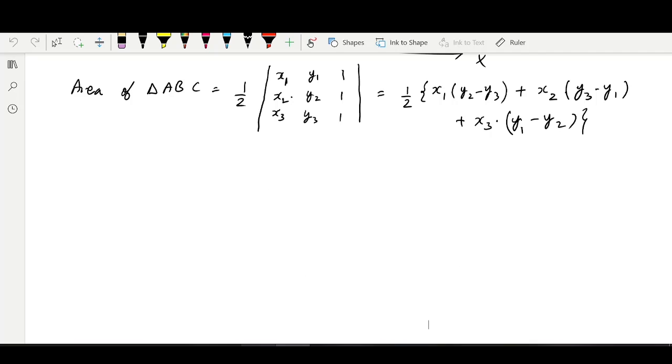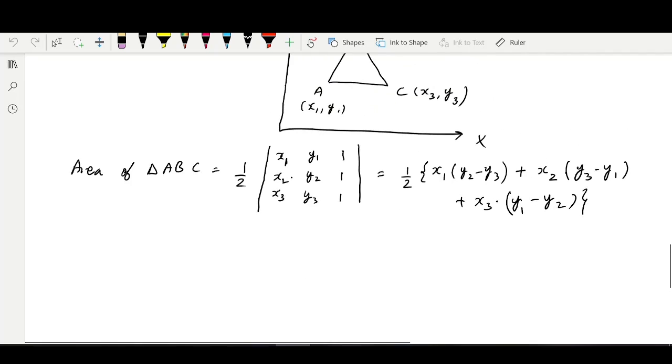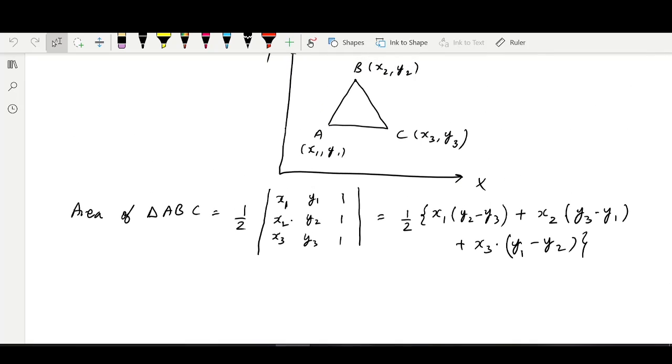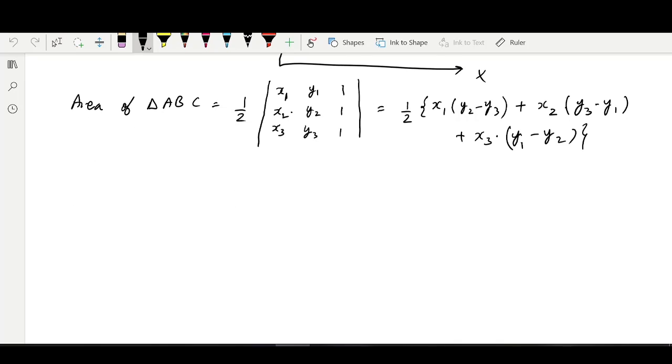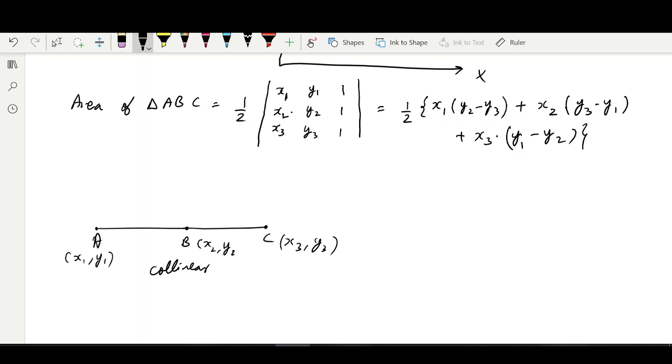Okay, so now as we have seen how to find out the area of a triangle ABC, now we'll see how to use this formula in a specific use case. Let's say we have 3 points A, B, and C which lie on a straight line. So these 3 points are collinear. The coordinates of these 3 points are x1, y1, x2, y2, and x3, y3 respectively.